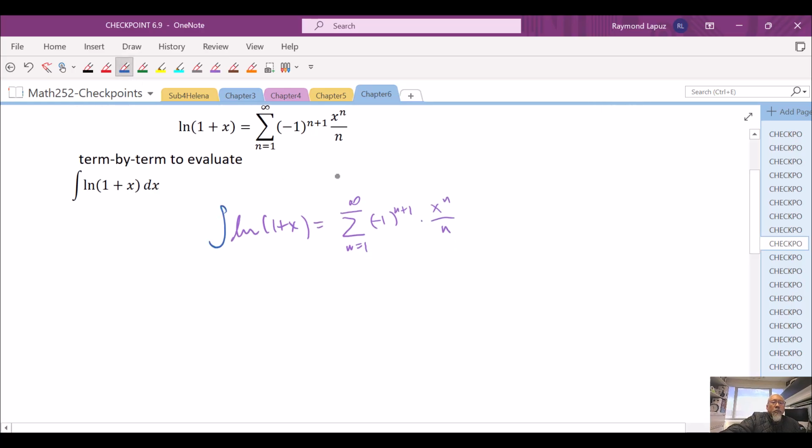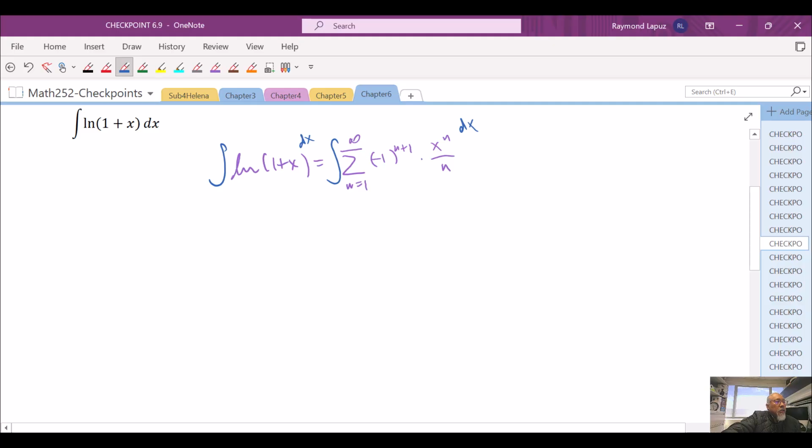And if we integrate both sides with the dx, we'll see that the integral of ln of 1 plus x dx, well, let's not worry about that. This would be some term-by-term integrating.